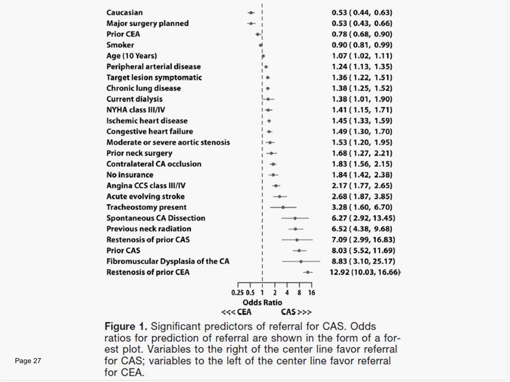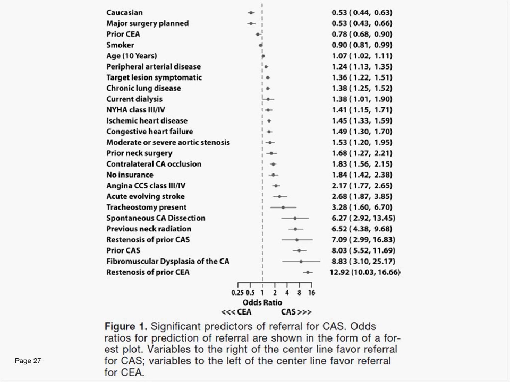Most of them have to do with what sort of procedure you had done before. With carotid arteries, you have two, one on each side, and they can end up restenosing, so your prior receipt of a stent or an endarterectomy is actually very strongly predictive of your next one.